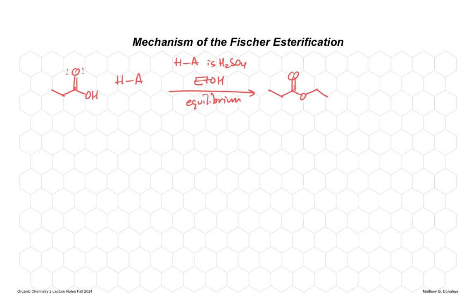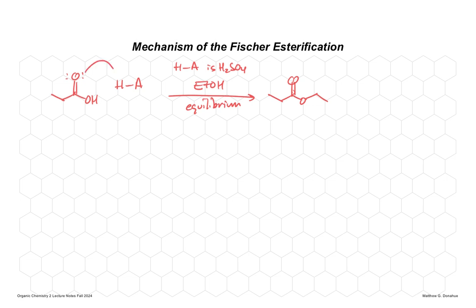If sulfuric acid is the stronger acid, the carbonyl gets protonated. The ethanol itself can get protonated, but acid-base reactions are pretty fast. So even if it is protonated, it gets deprotonated just as fast, and nothing productive happens when it is protonated.